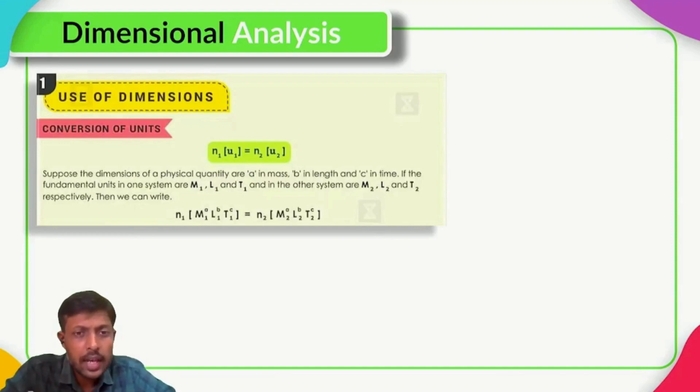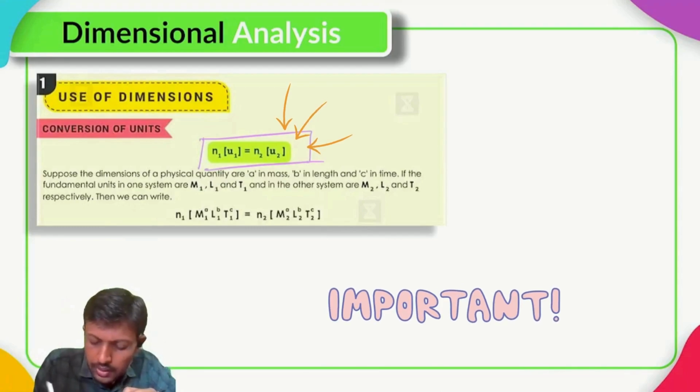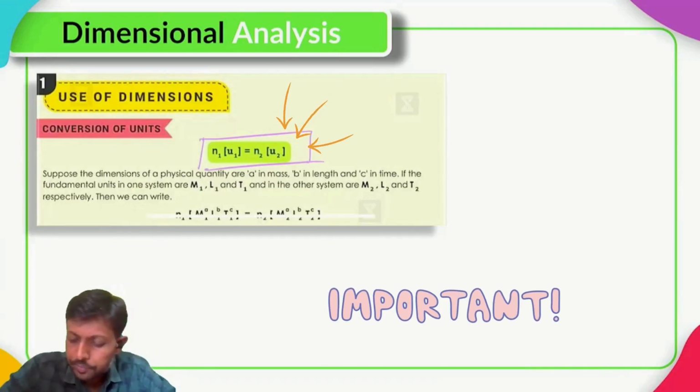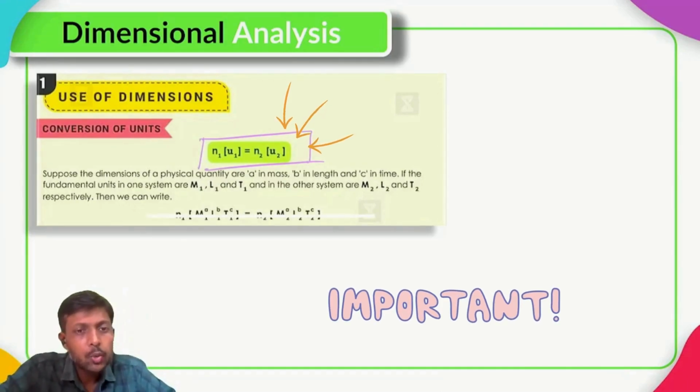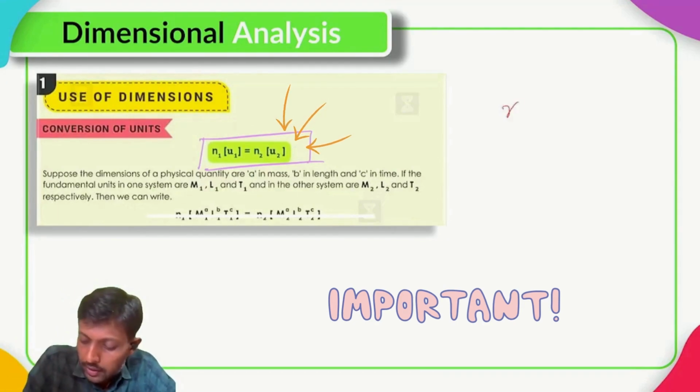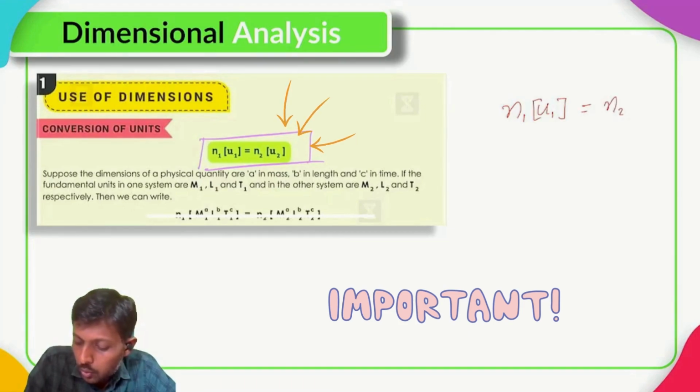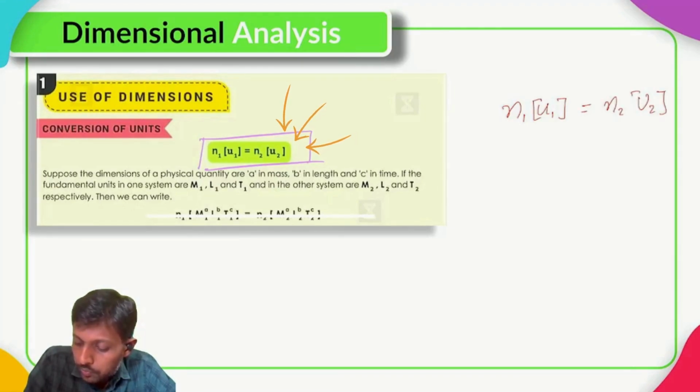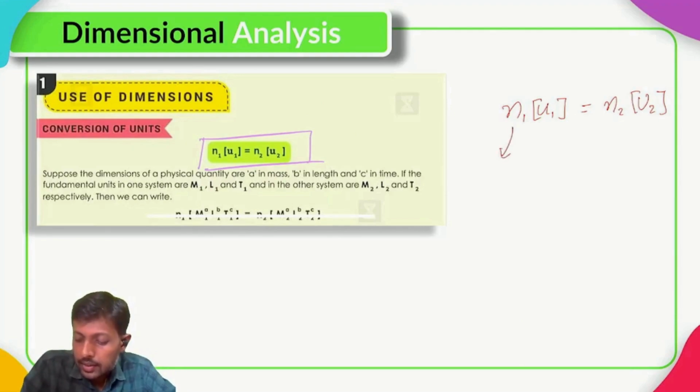Before we start with the example, let's understand one formula, which is N1U1 is equal to N2U2. I'll write that again. N1U1 is equal to N2U2. These are numbers, okay?